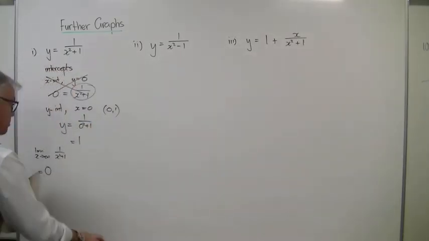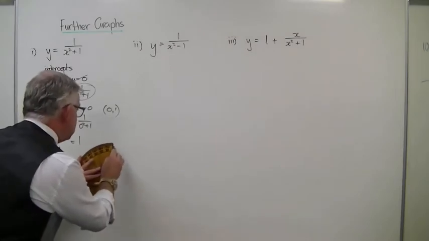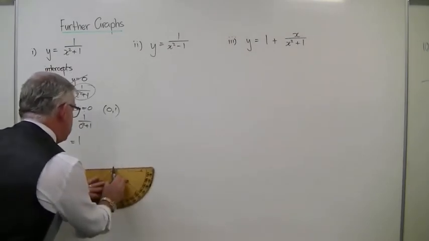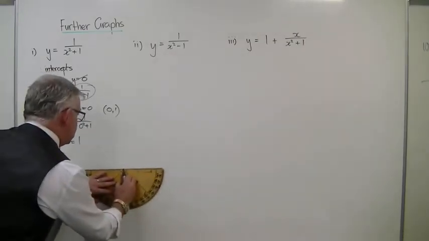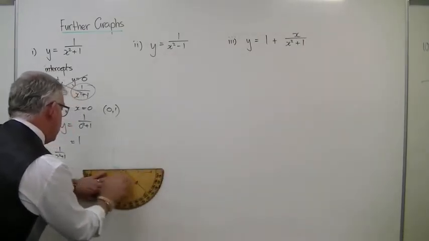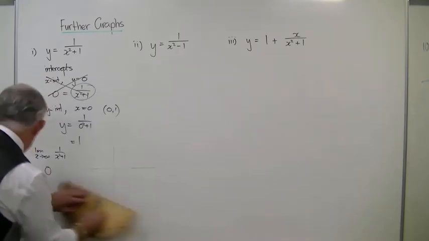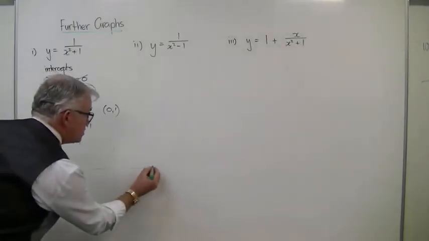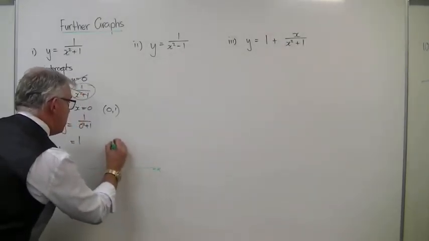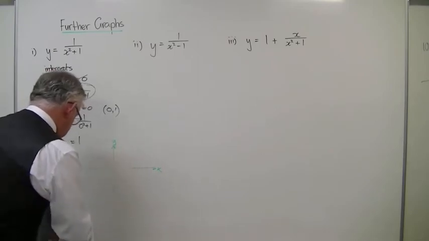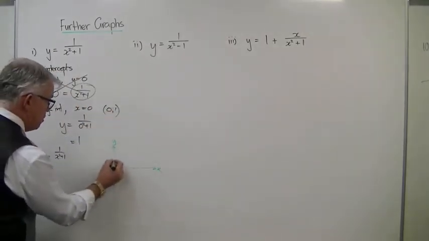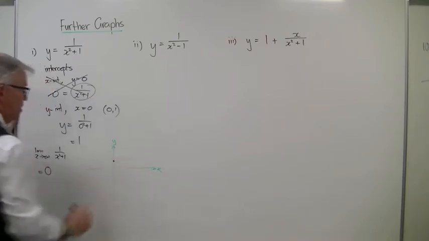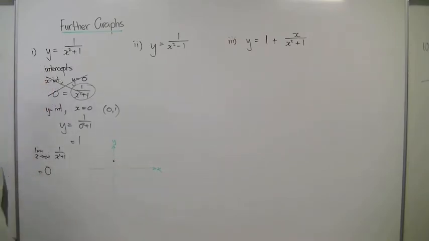If I put a little set of axes here to try and give an indication of what this might look like when we sketch it, we might extend that x-axis in both directions. So here's our x-axis, here's our y-axis. As I said before, we know that this is going to have a y-intercept at 0, 1. It's going to cross right there.